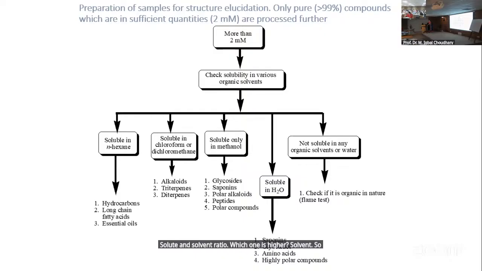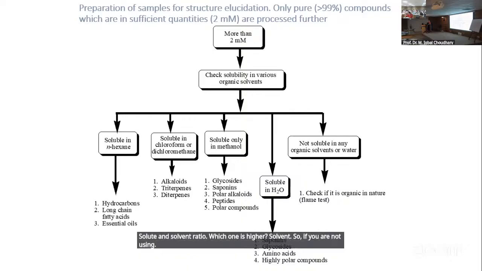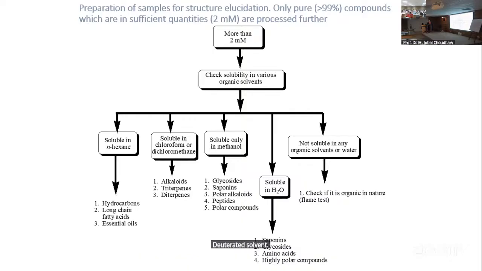So if you are not using a deuterated solvent and you use a solvent that has hydrogen, for example CHCl3 instead of CDCl3, then which peak will you observe? The CH, only one, because that has the proton, and it is a huge peak. You will not be able to see your own sample signals because of the comparison.